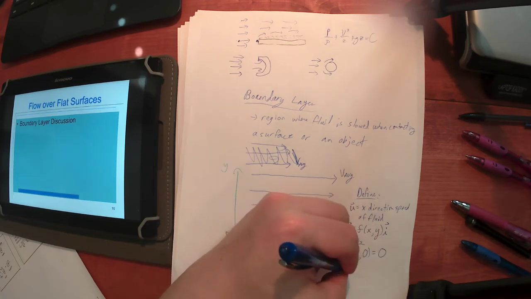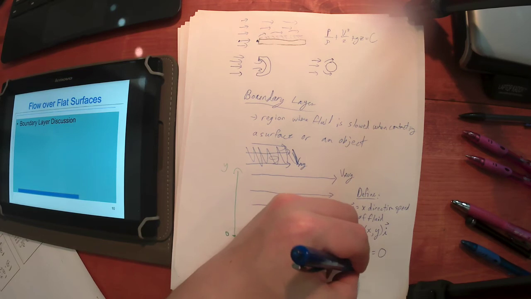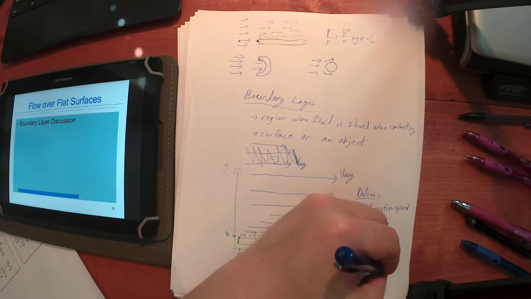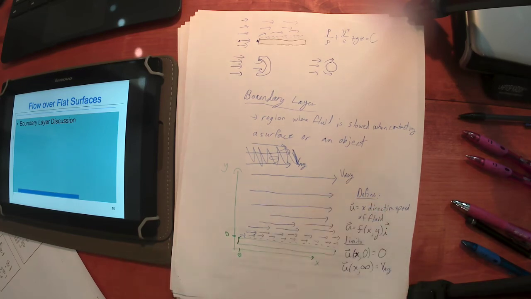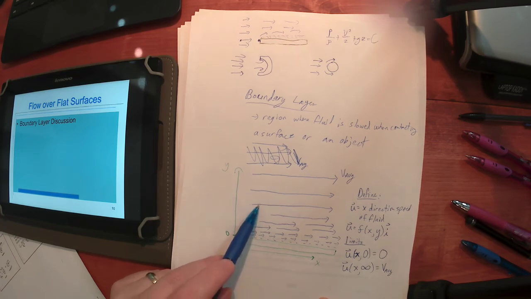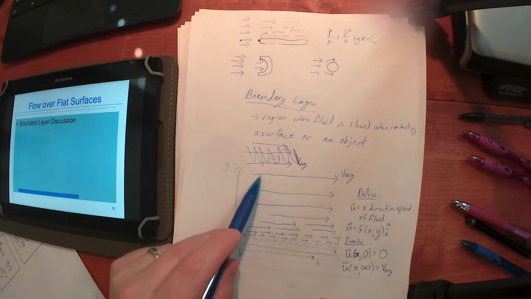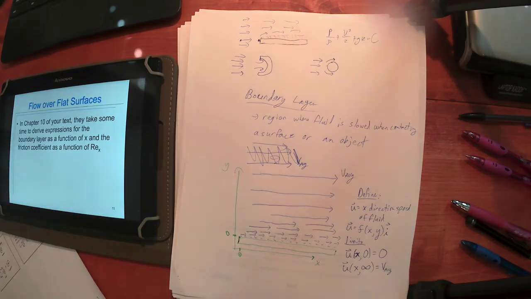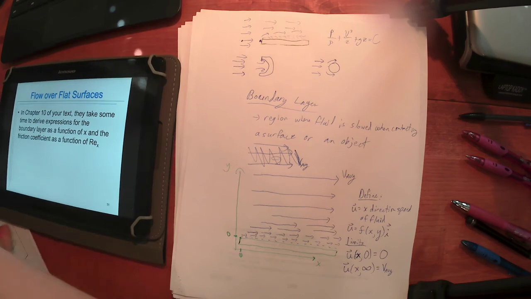And at any x location, if we get all the way out to a y value of infinity, u is going to match the average speed of all the particles out here. The further you go up in the y direction, you'll hit a point where you don't notice any difference in the speed anymore. We just start seeing this average speed over and over again.